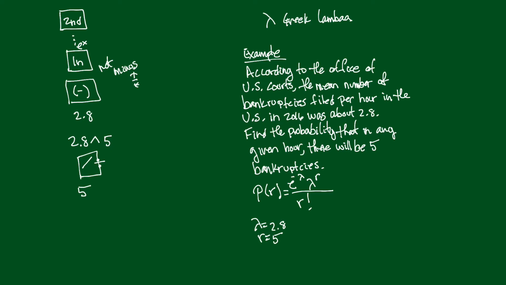And now we have to go get the factorial. Here's where you're going to get it. You're going to press the math key. In the very first column, the math key is like the third one down. Then you want to scroll over to PRB, which is probability.